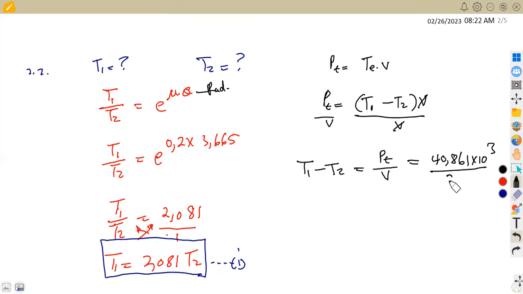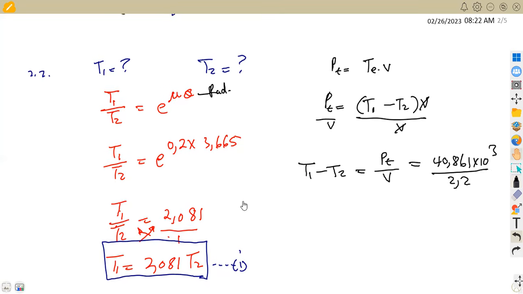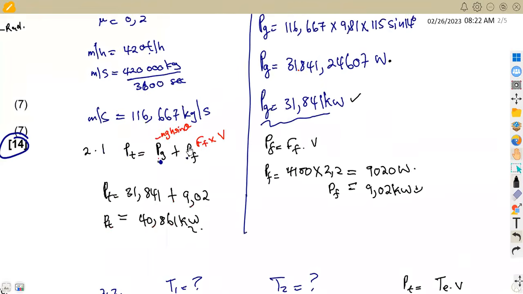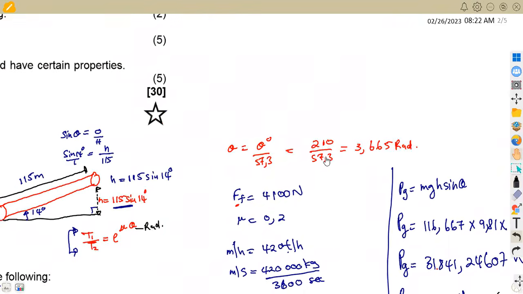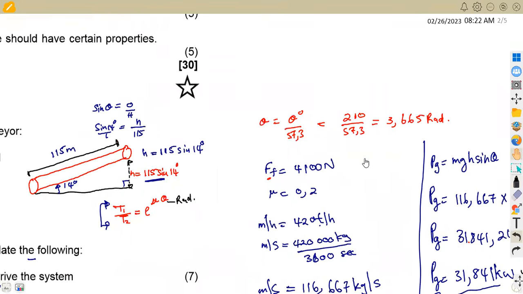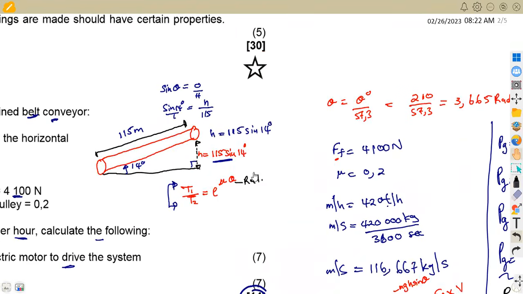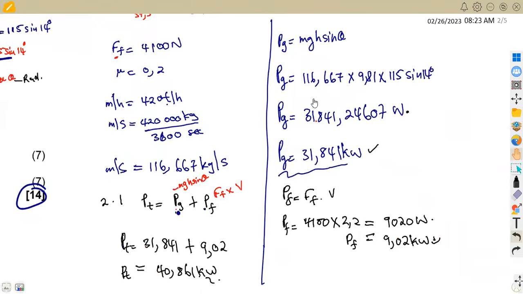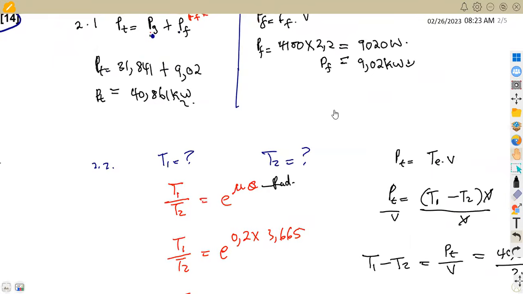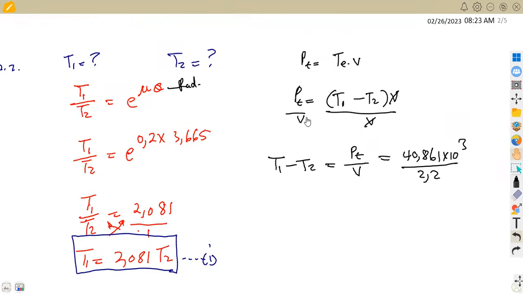And remember, we had a velocity given previously, it's still in the information. Here, that's the speed, which is 2.2 meters per second. So that's your velocity. That means we can have an equation from these two.